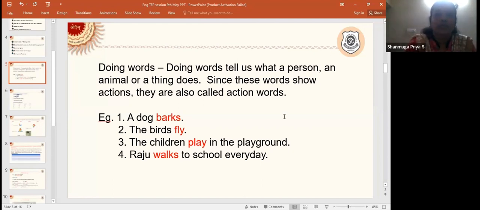So when we pose questions, it will be an interactive session, as children would think and come up with answers. And Raju walks to school every day. What is the action word here?